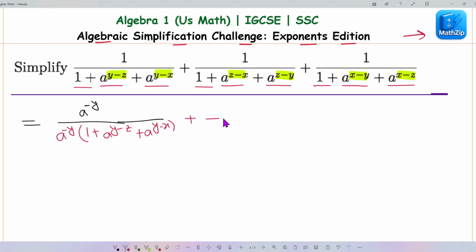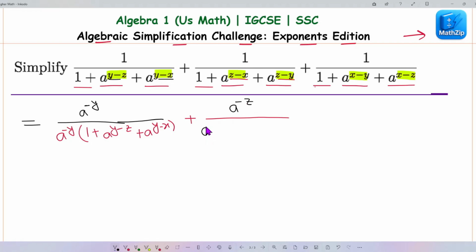Second one, here is z minus x, z minus y. Here y minus z, y minus x, we are multiplying a to the power minus y. So here z is in front, so we can write a to the power minus z.